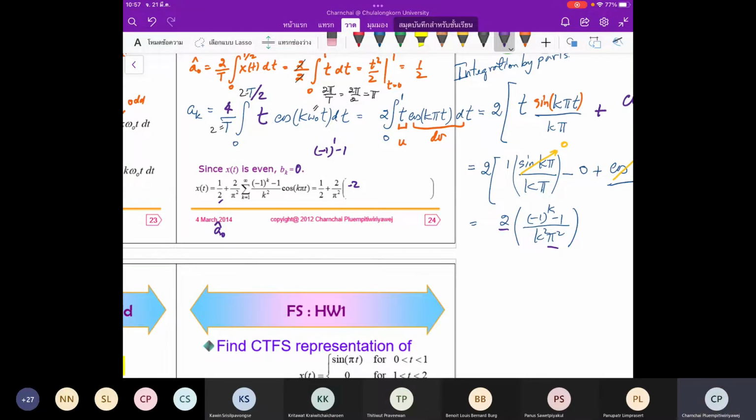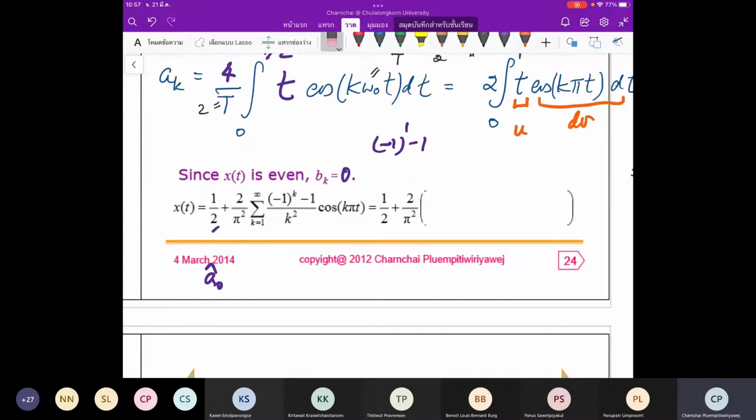How about I write it out like this: negative 2 cosine pi t. This is when k is 1. When k is 2, you got negative 1 to the 2 minus 1, which is 0, so when k is 2 it is equal to 0.